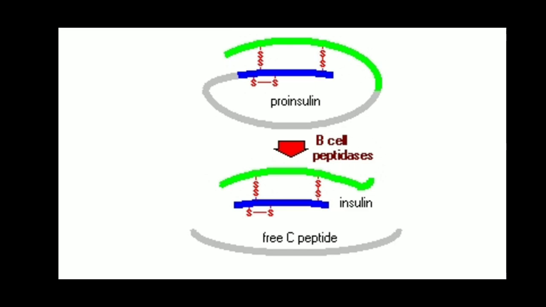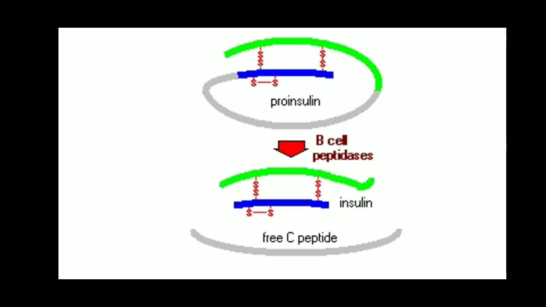So here in this diagram, the proinsulin contains 3 polypeptide chains, chain A, chain B and chain C. Chain A is represented by blue color, chain B is represented by green color, chain C is represented by grey color. Getting students?